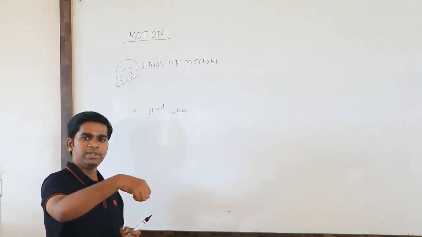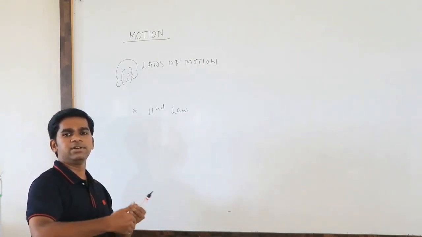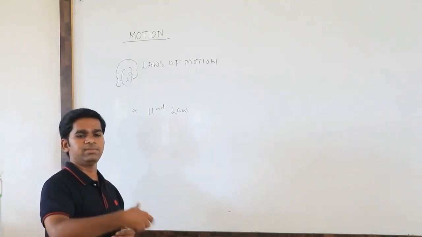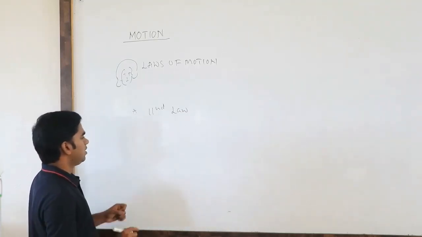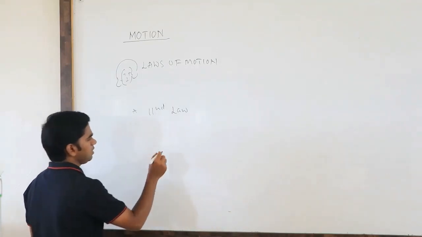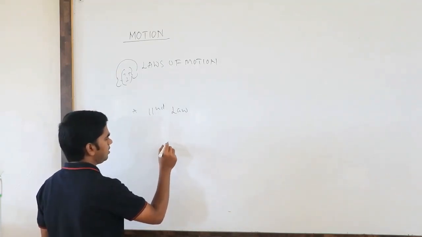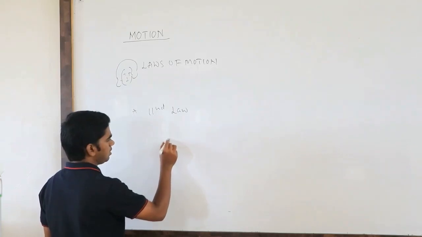Meaning how much you are increasing the speed of your vehicle, you are applying some force, that is, you are accelerating. So suppose you have a body of mass, say, some m.